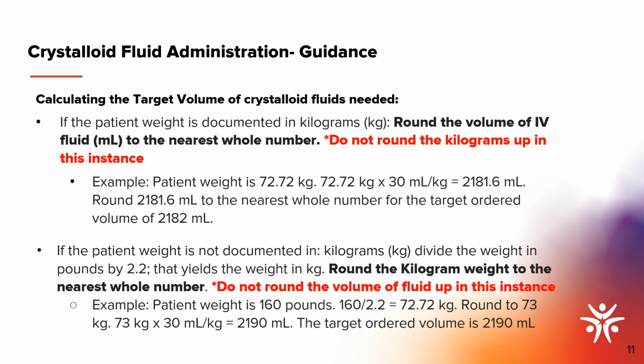If the patient weight is not documented in kilograms, you're going to divide the weight in pounds by 2.2. That yields the weight in kilograms. If the kilograms includes a decimal, round the kilograms up to the next whole number, not the milliliters needed. So in this instance, 72.72 kilograms would be rounded up to 73 kilograms.